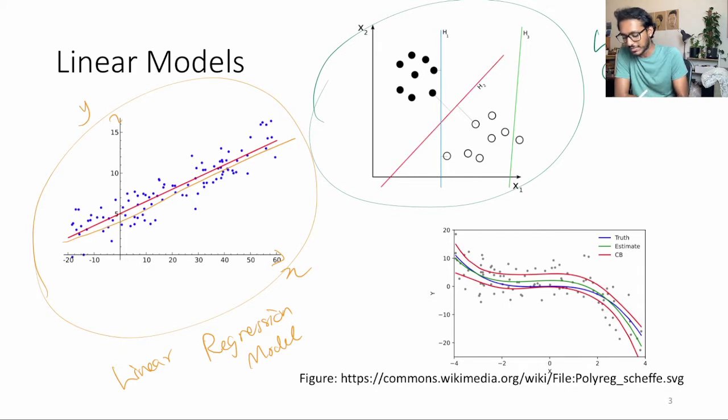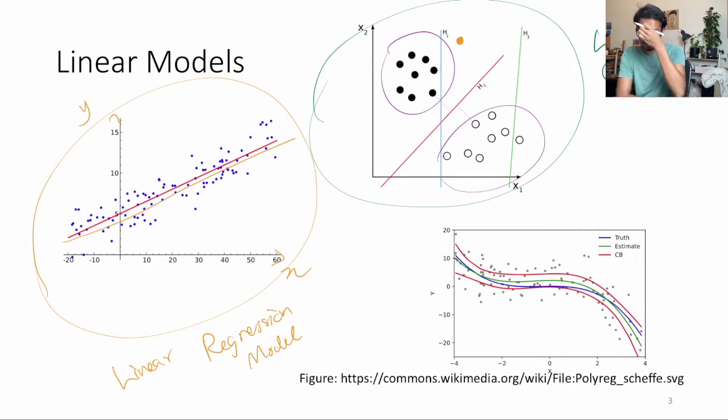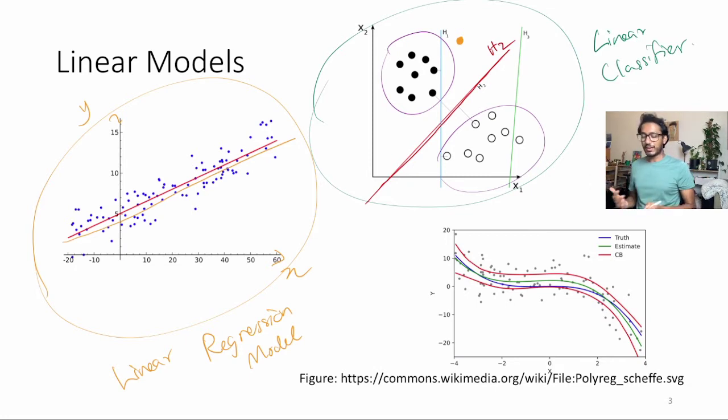We have these solids on one side and the whites on the other side, and imagine we have a new observation here. We have a fairly good idea where that would belong if we are using this line H2 as our line. There are other lines displayed here, but you get the general idea. So here our task is classifying, while in the previous one our task was finding a continuous variable, which is the linear regression.